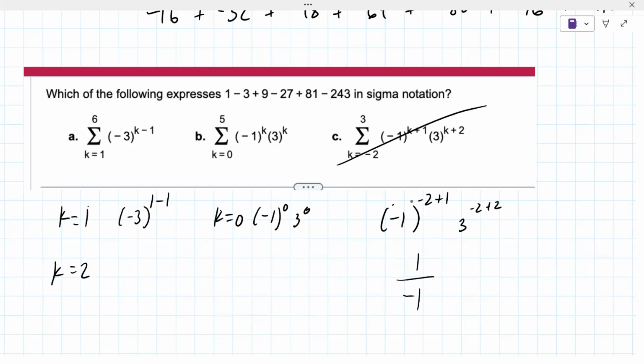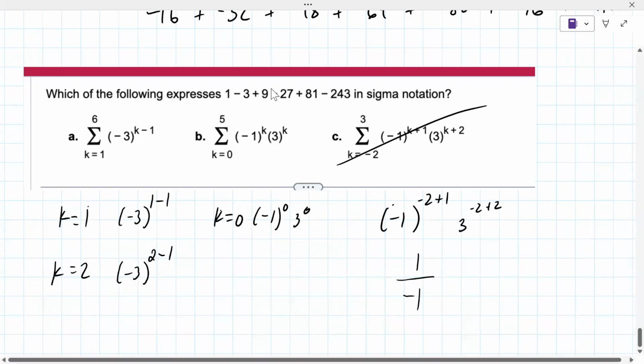Okay, well, try k equals 2. -3 to the 2 minus 1 power. Does that give you -3? Well, not -1, it's 2 minus 1. Yeah, it would be -3.